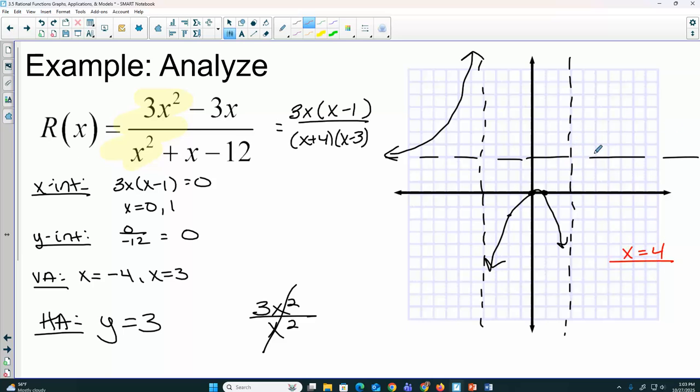And what I care about is, will my y value be above or below this horizontal one? When I put in 4, I got 4.5, which is above my horizontal. So then I know the last piece will look like that.